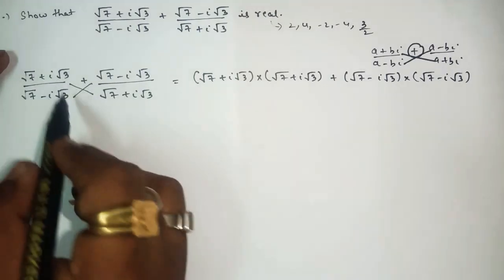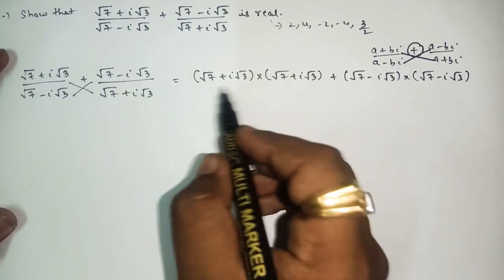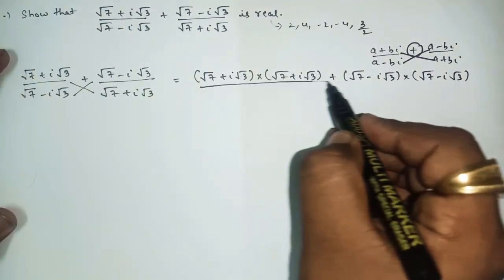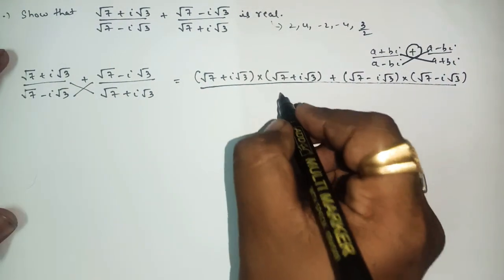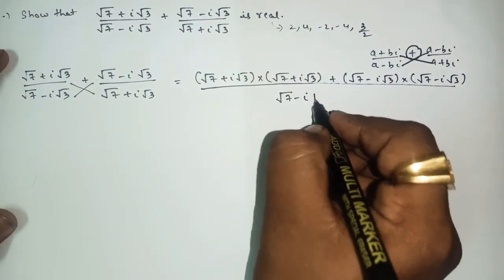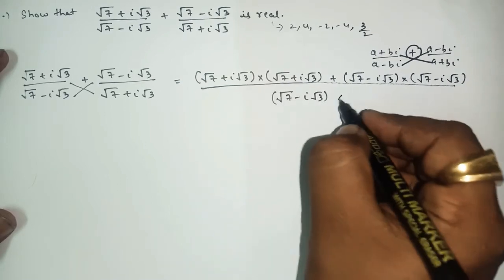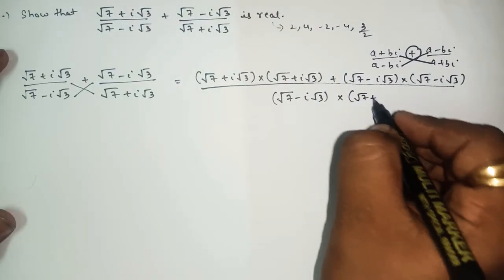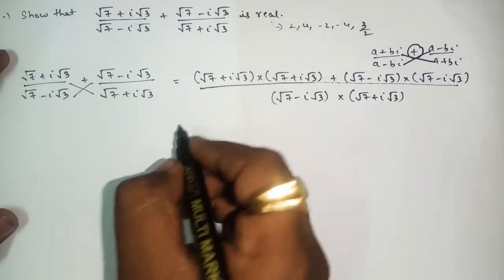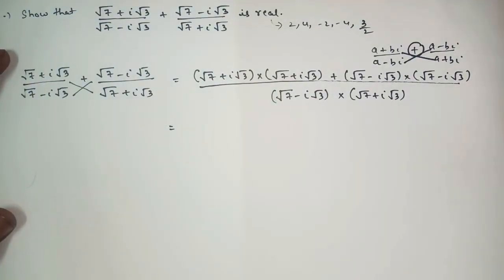So this will go up and this part will go up, and in the denominator you will get what? Root 7 minus i root 3 into root 7 plus i root 3. Yes or no?